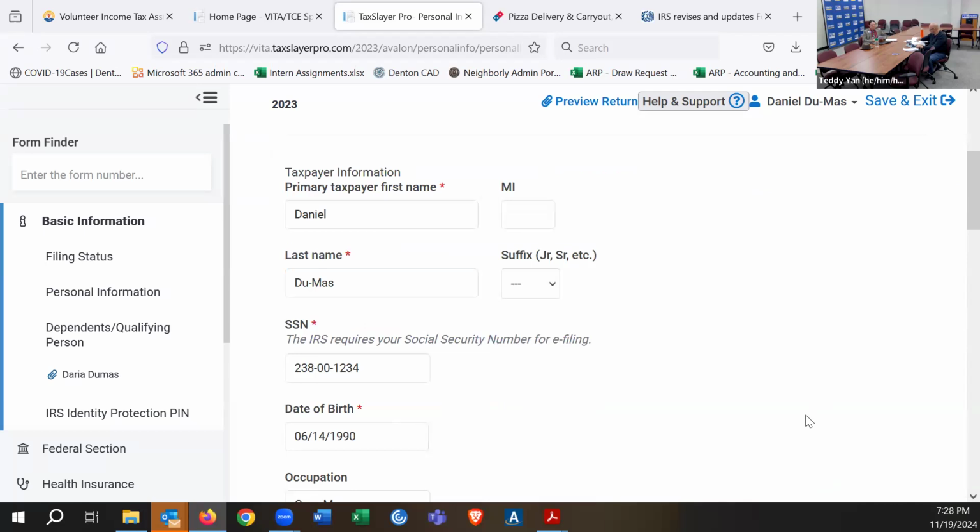Taxpayer information. Once again, I may be trying to drive a point home. So based off his social security card, we have to put Daniel Do-Ma.